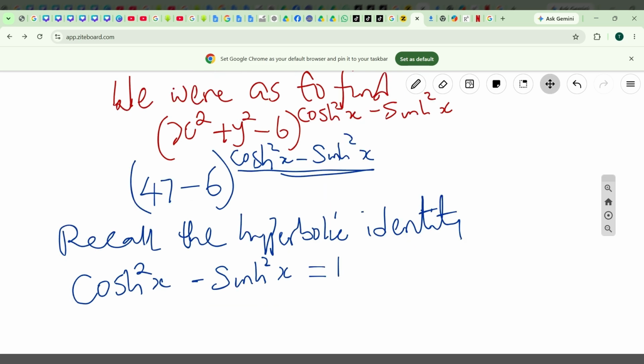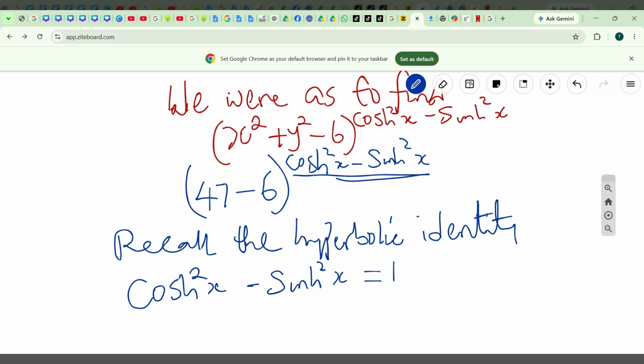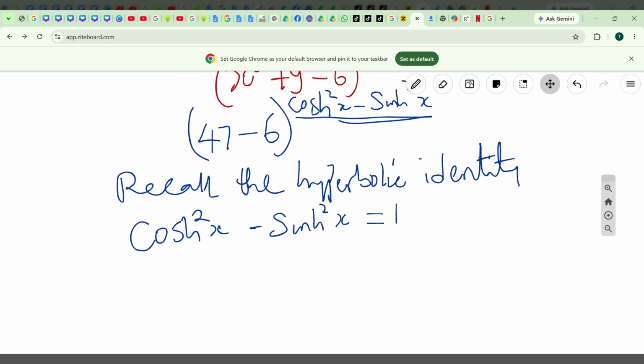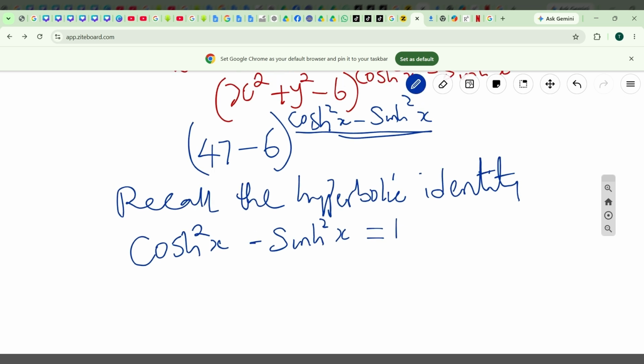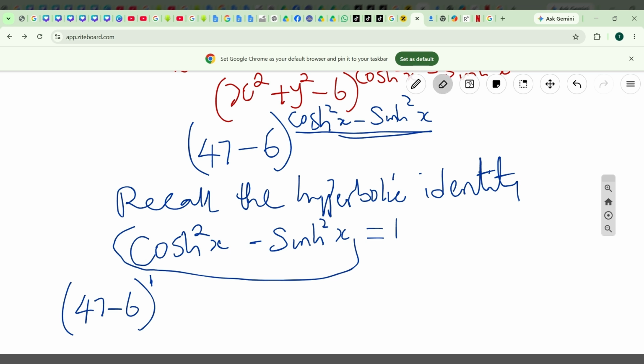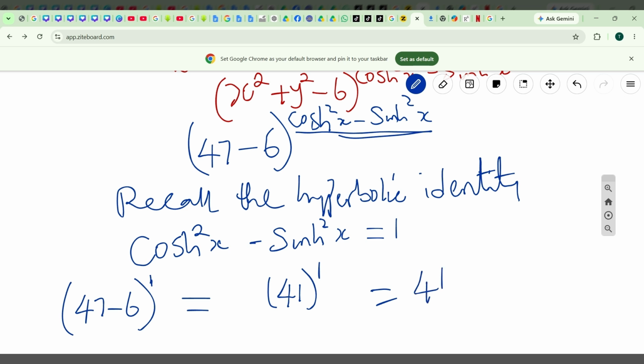So that gives us 47 minus 6 to the power of 1, because the whole exponent is equal to 1. This simply means 47 minus 6 is 41 to the power of 1, which is equal to 41.